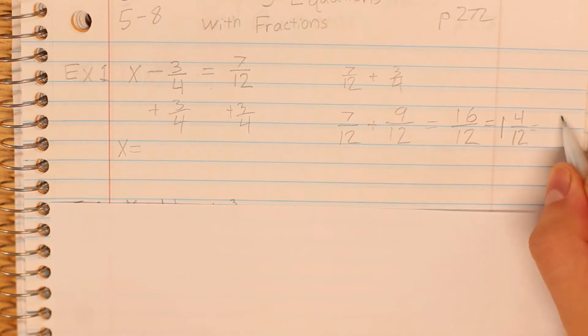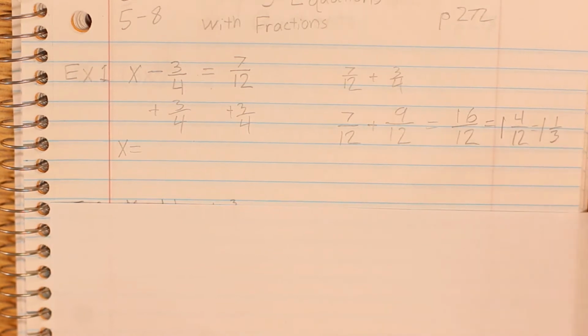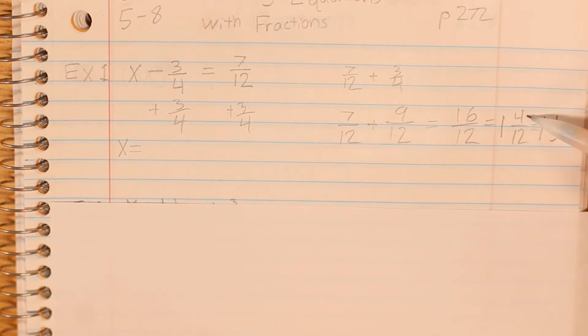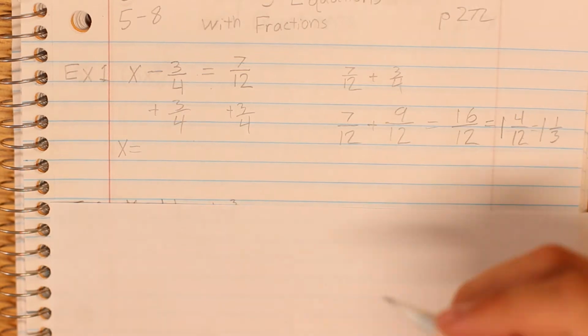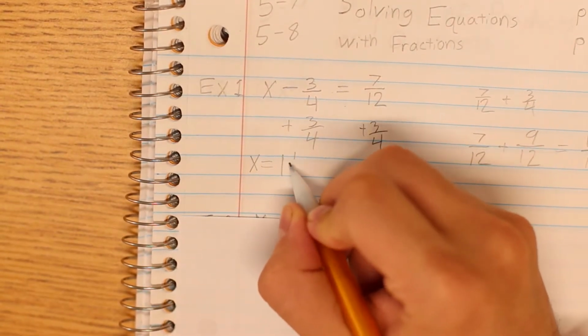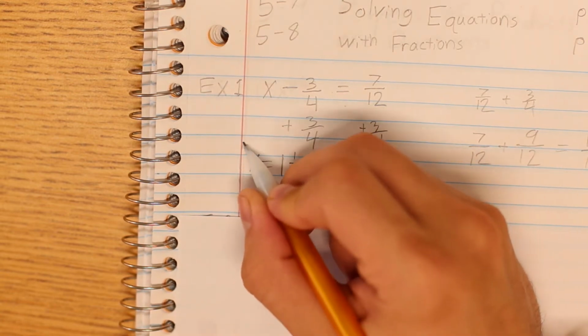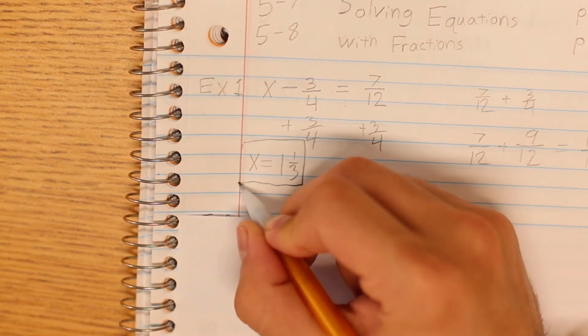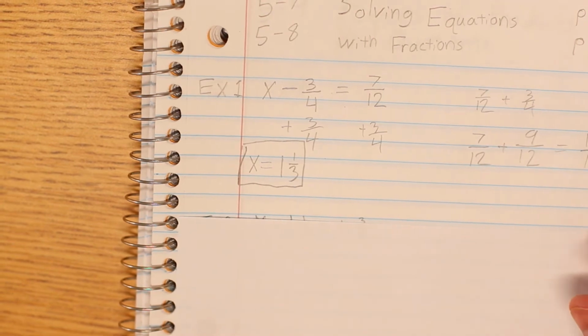This would convert to 1 and 1/3 because 4 goes into 4 one time and it goes into 12 three times, so you get 1/3. So our answer is that x is equal to 1 and 1/3. Go ahead and box that in nice and neatly so everything's inside there and we can find it easily, okay?